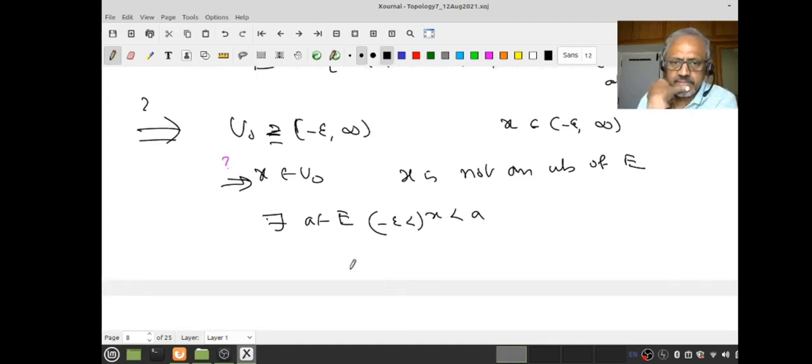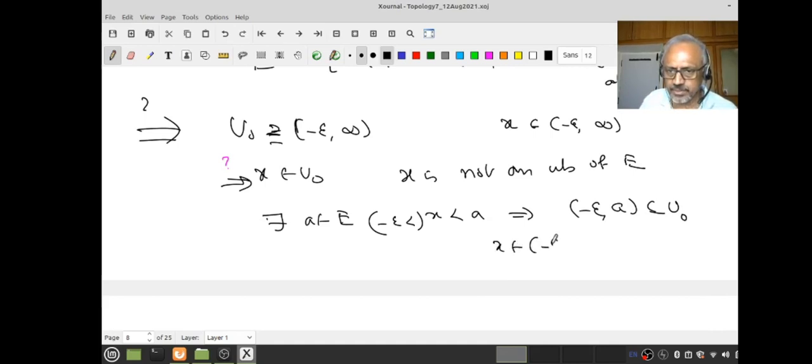Do you understand that? Now do you see a problem? Since A is in E, this implies minus epsilon to A is contained in u naught, because that's the way we define E. But X belongs to minus epsilon to A. Therefore, X belongs to u naught. You understood that? Therefore, what have I concluded?